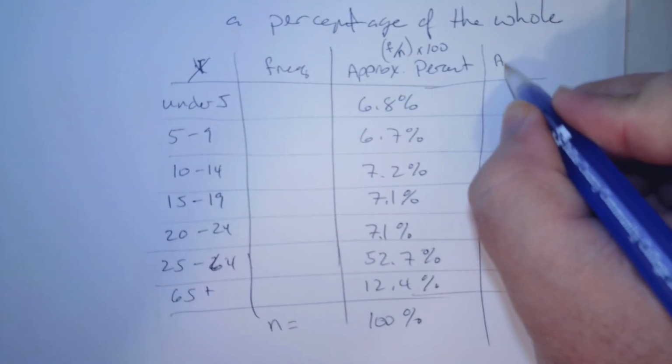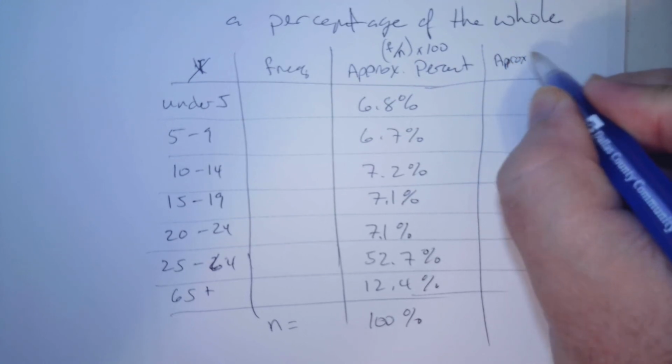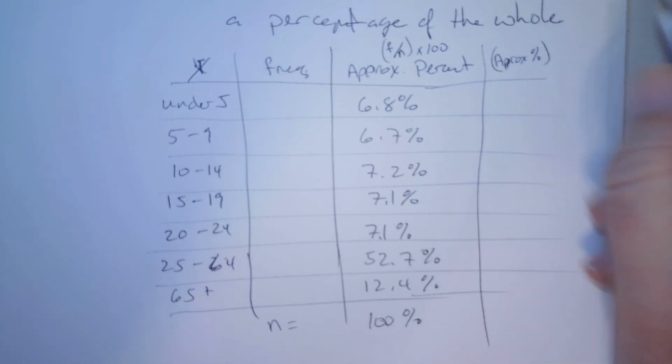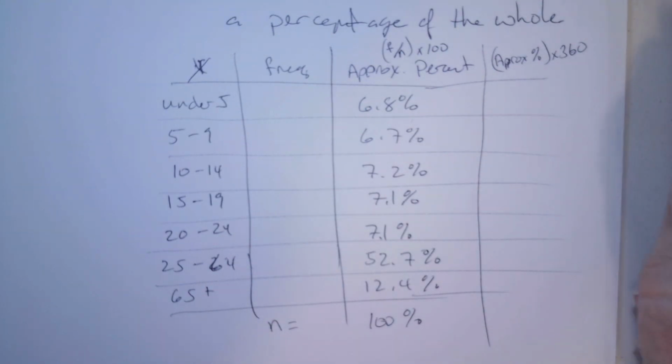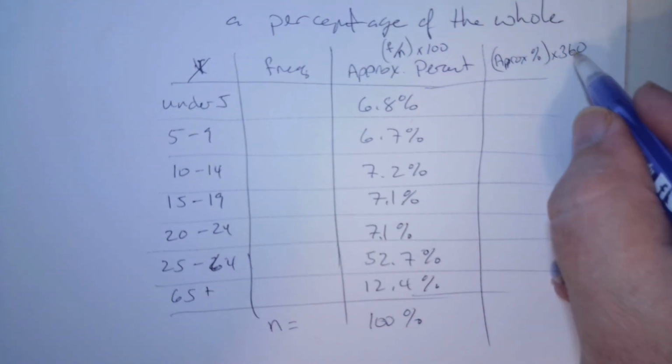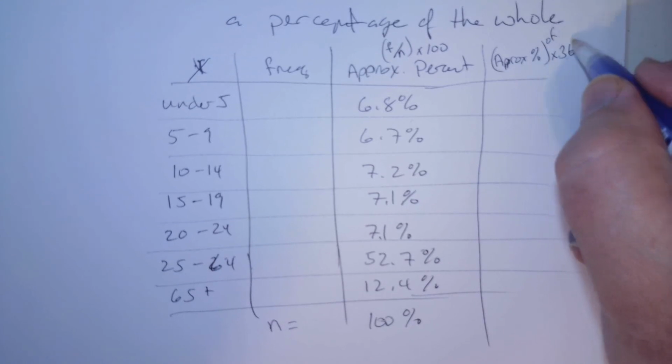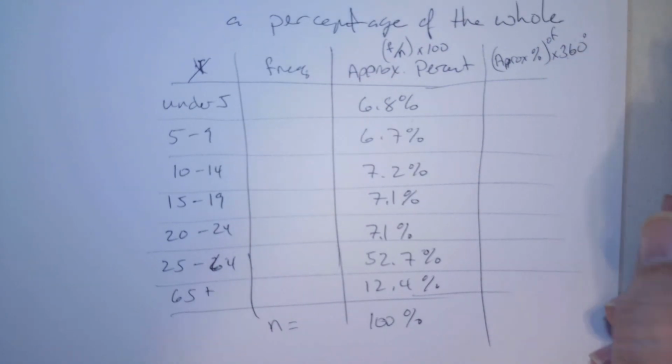Now take the approximate percent times 360, because you want the percent of a circle, which is 360 degrees.